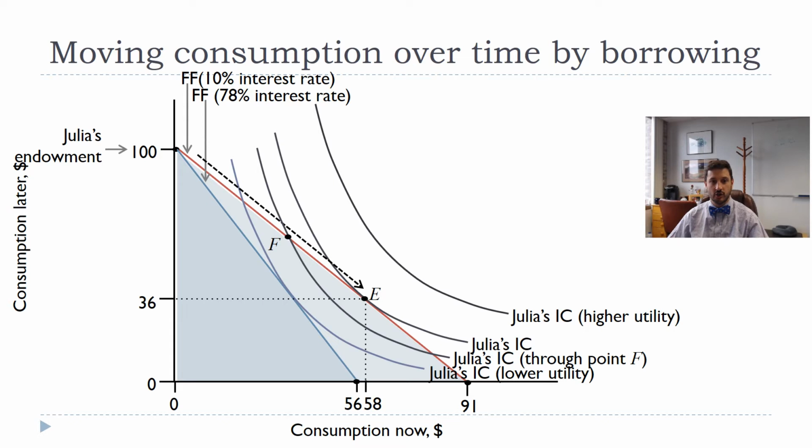That means she's going to face a different trade-off, and she's going to choose to consume at a different point because she's going to have some lower level of utility. Right here at point G. So she's going to consume 35 today and 38 tomorrow. The idea here is that the trade-off is worse for her with the higher interest rate. And so she consumes about the same in the future, 38 versus 36, but she consumes much less today because of that higher interest rate. She's not as willing to borrow now.